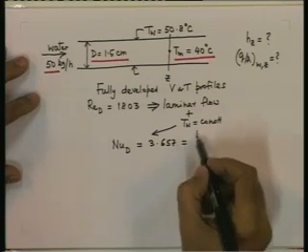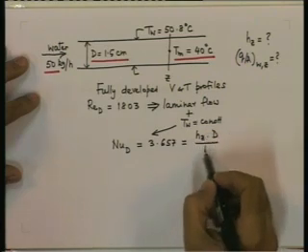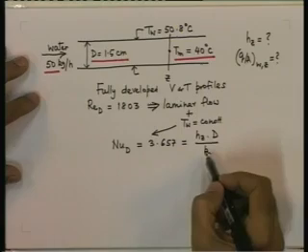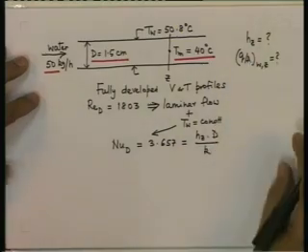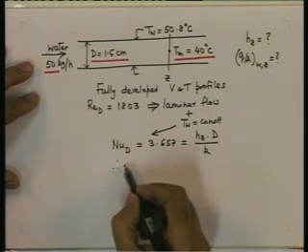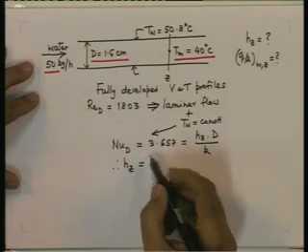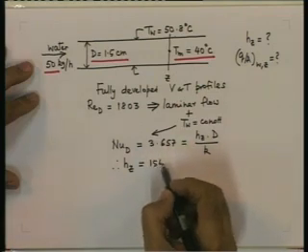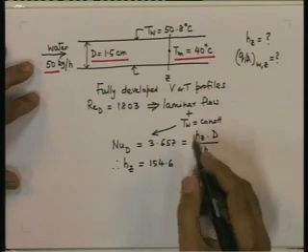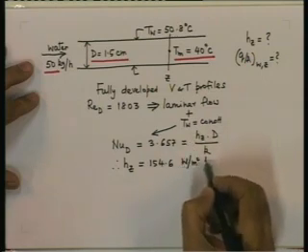This will now be the Nu_z equals h_z into d by k. D and k are no different from the previous illustrative example. Nusselt number is lower, hence our heat transfer coefficient will also be lower, and that turns out to be 154.6 watt per meter squared Kelvin.